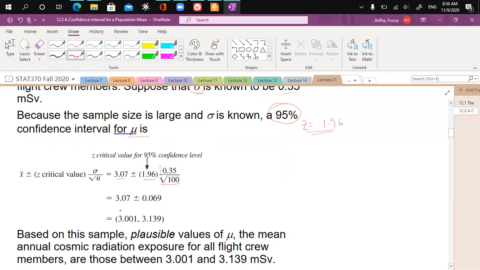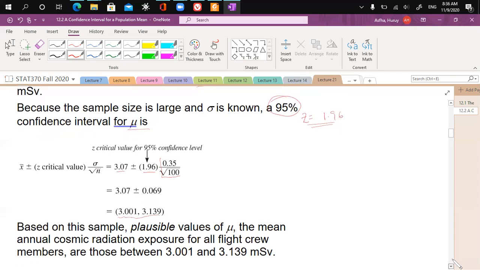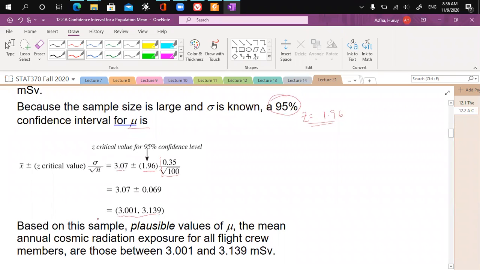And well, this is between 3.001 and 3.139. So that's the confidence interval for the population mu. So based on this sample, plausible values of mu, the mean annual cosmic radiation exposure for all flight crew members, are those between this value and this value.